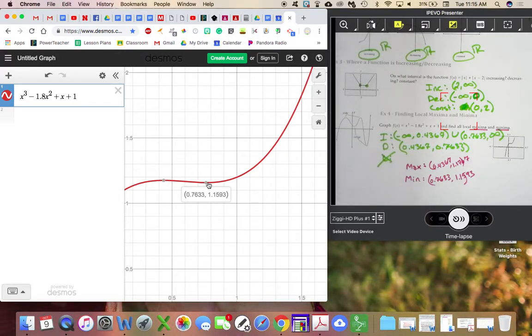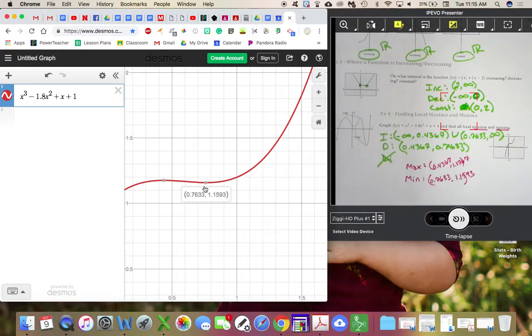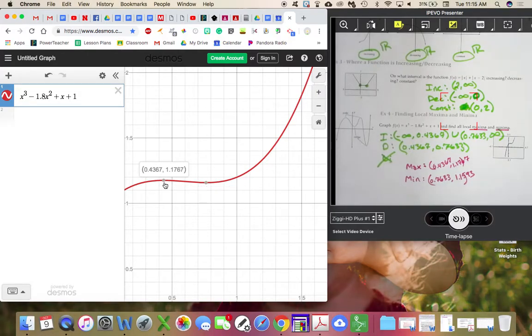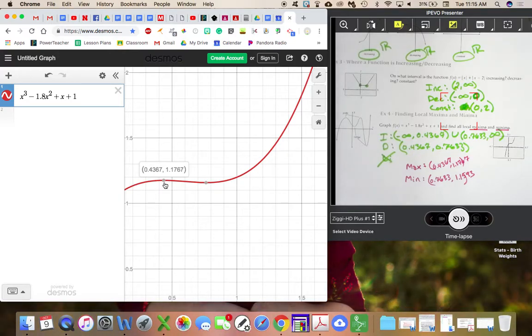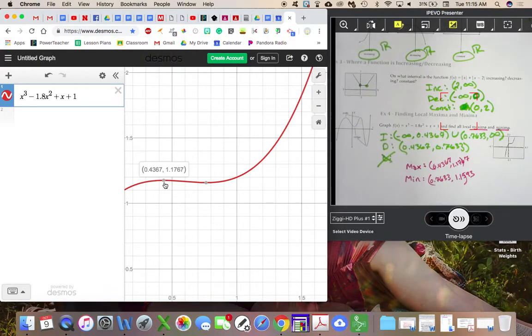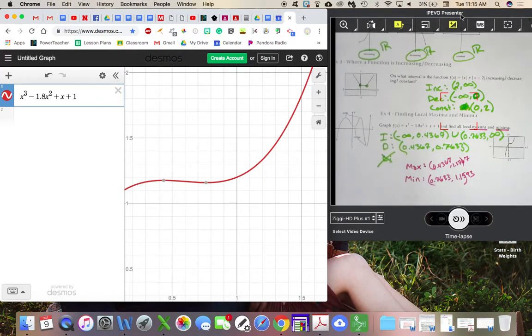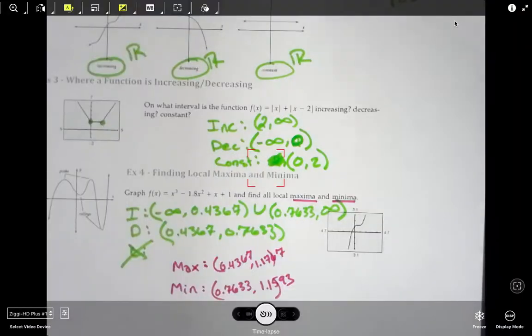Desmos chooses those points for me. Really nice. But zoom in on these functions so that you can see what's actually happening, because it looks like it's a constant if you zoom out. Okay? Good? All right, let's go back to here.